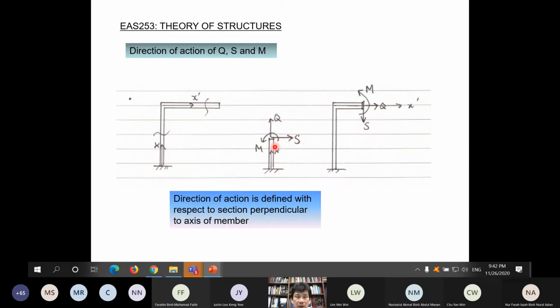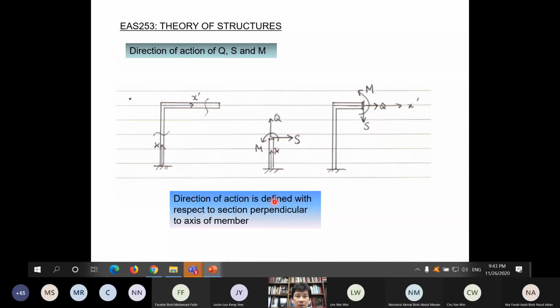Here also 90 degrees. So on this section which is perpendicular to the axis, we define axial force as a force acting perpendicular to that section, and shear force as parallel to that section, and bending moment. Here also a force which is perpendicular to the section, and then this S is parallel to the section, and bending moment. So this is how we define.